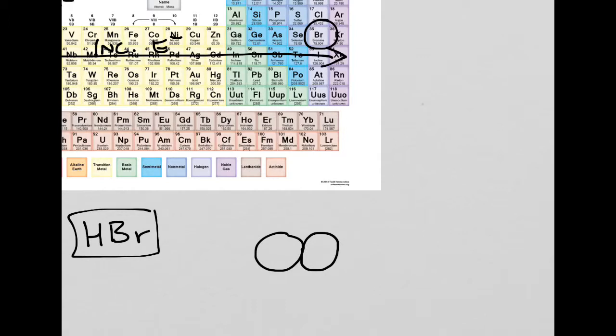And the question I have for you is, where would you start to see the electrons? Would they move towards the bromine side, or would they move towards the hydrogen side? The only way you can do this is to look up that number. In this case, bromine has an electronegativity of 2.8, and hydrogen has an electronegativity of 2.1.